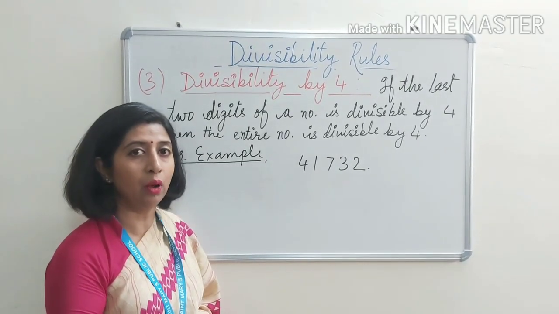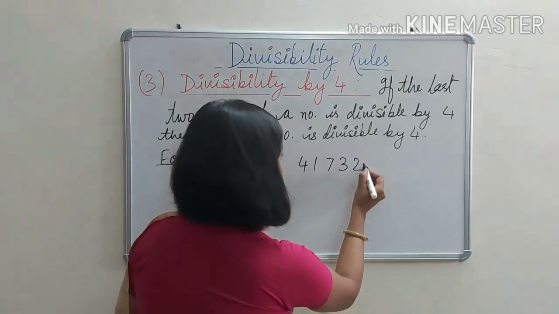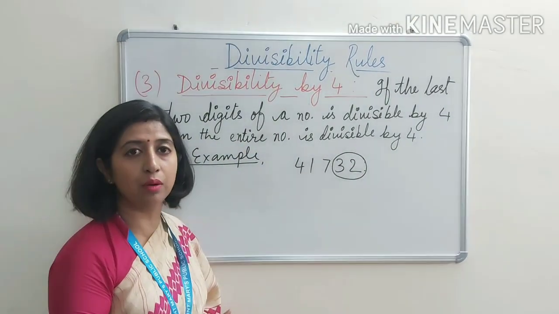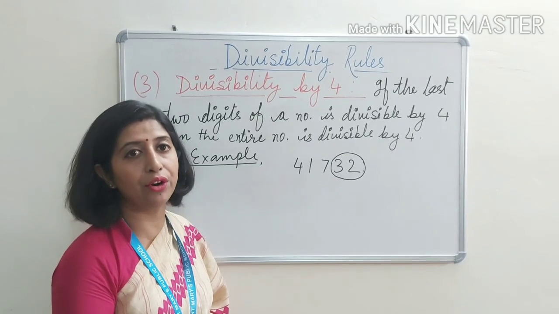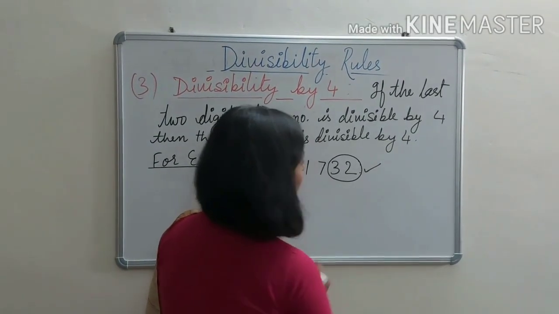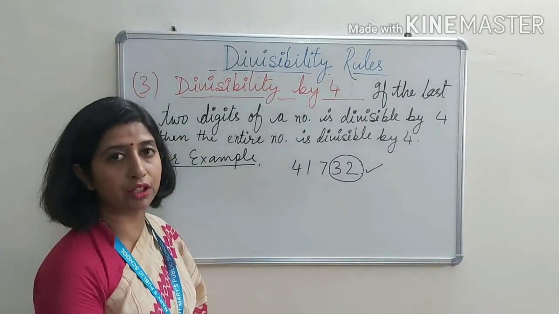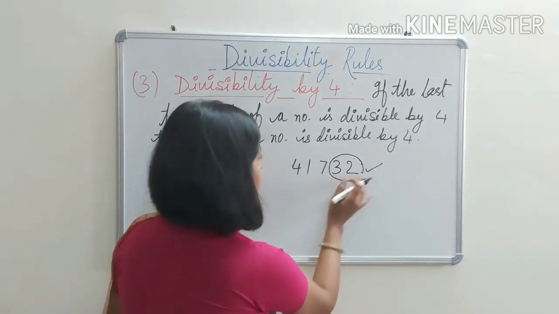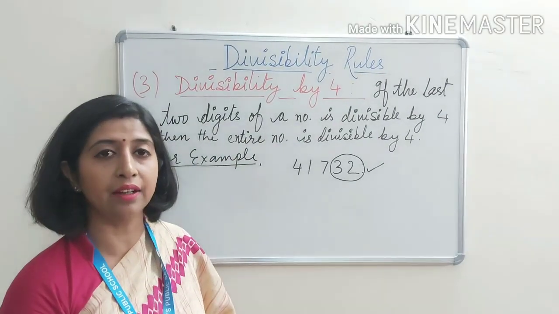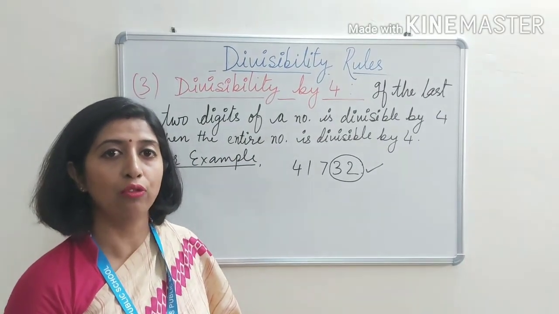It's very simple. What we have to do? We have to circle the last two digits and see whether this number is divisible by 4 or not. You all know the table of 4. 4 8s are 32. So by seeing this number, we can easily understand that this number is divisible by 4.